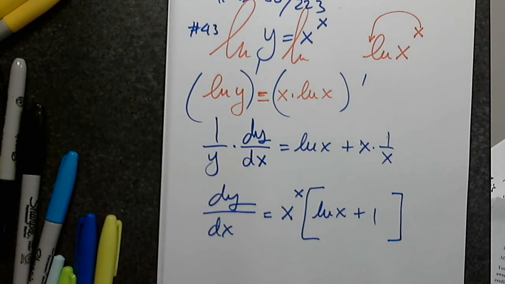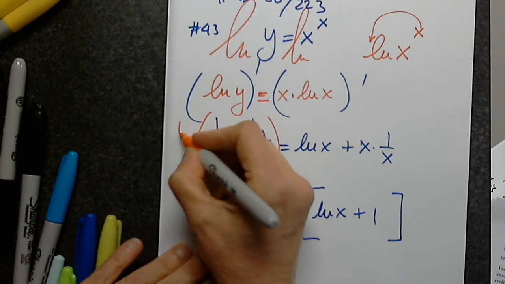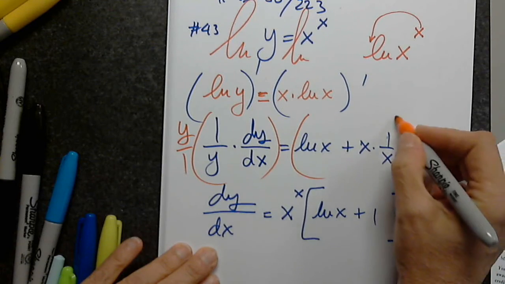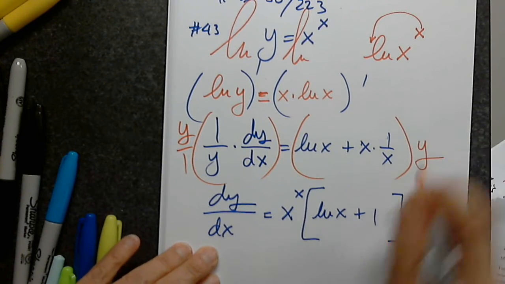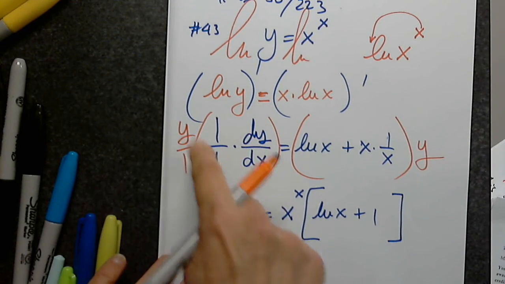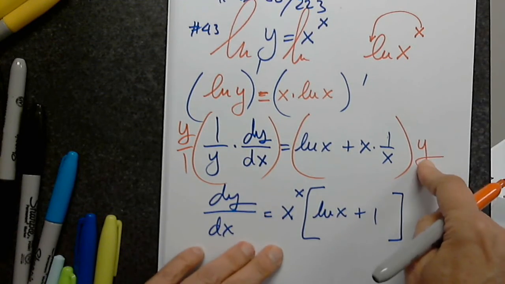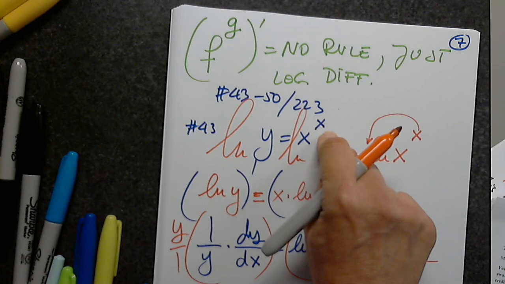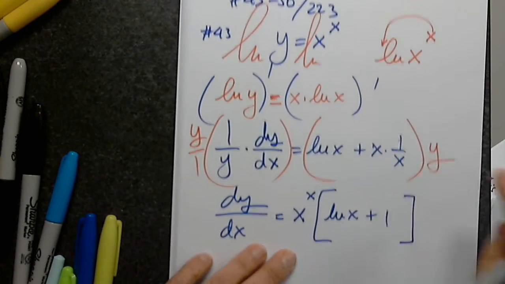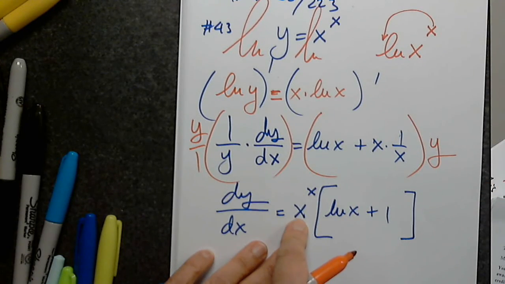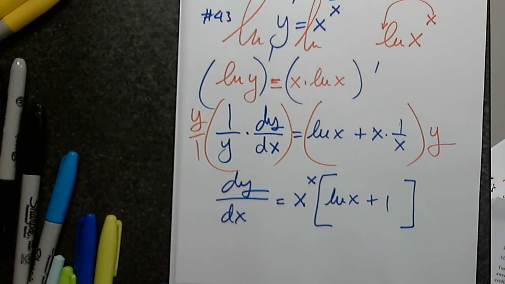So I multiply the left-hand side by y over 1. I multiply the right-hand side by y. Y with y will go away, and I only have dy. I get that part. Okay. Y is x to x. So I put it in front. And then the x times whatever x makes is 1. Okay. So this is this, and this is this.